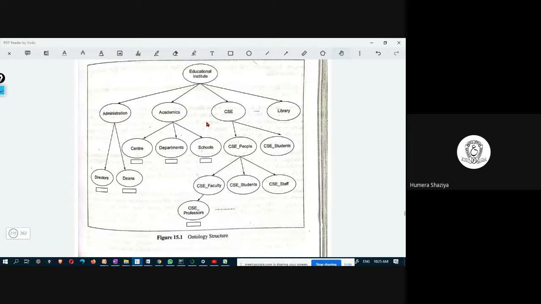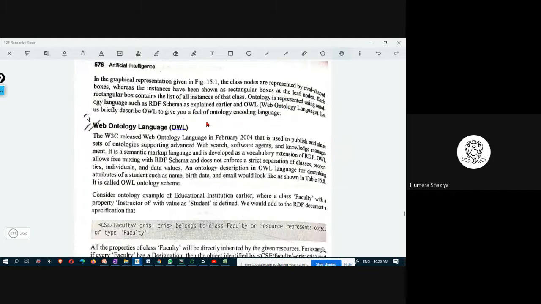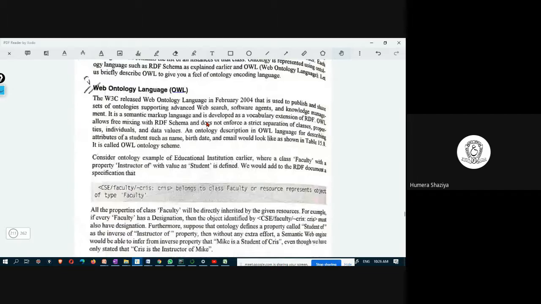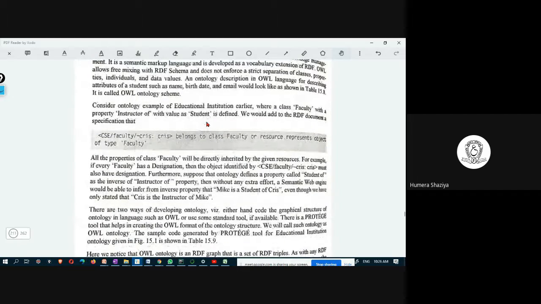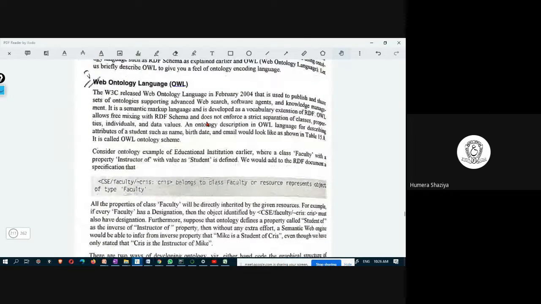This is a graphical representation. But again, a graphical representation would not be directly understood by the system. This has to be coded or represented in a way that could be understood by the system. For that purpose, there is a language which is known as Web Ontology Language, OWL.